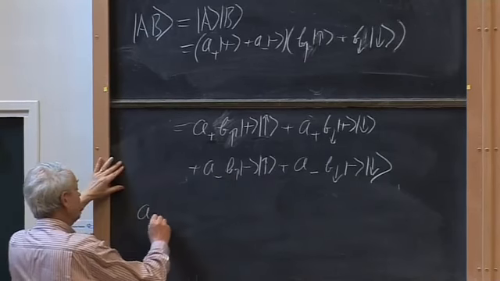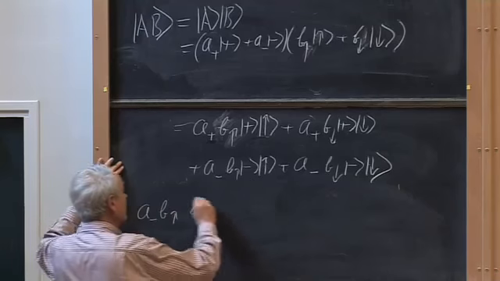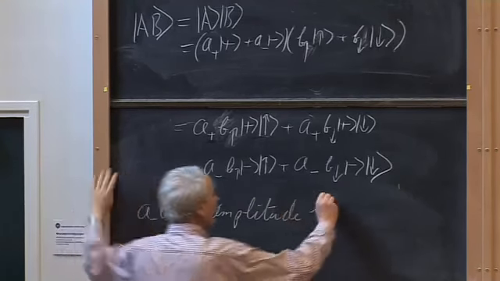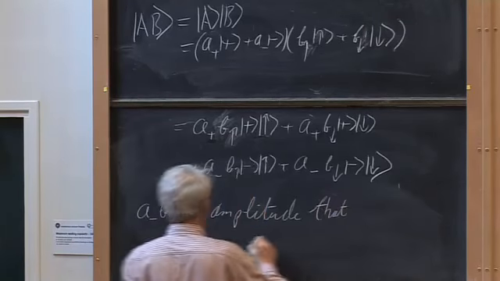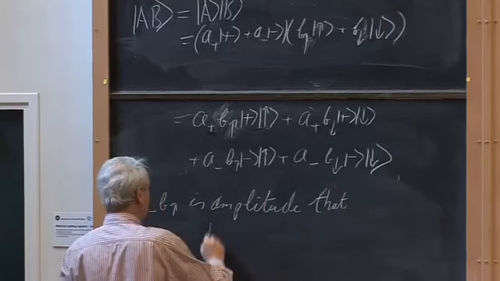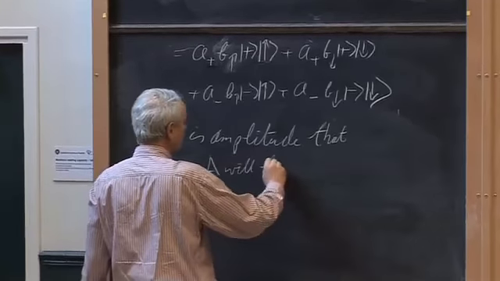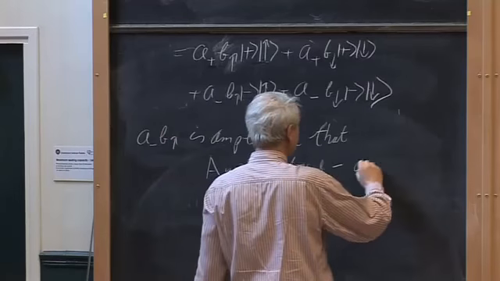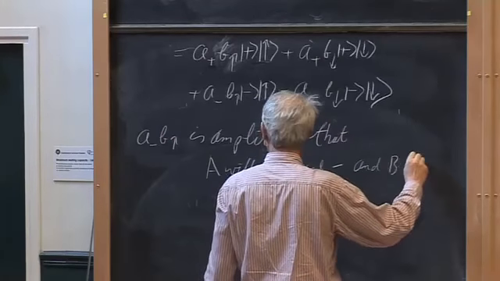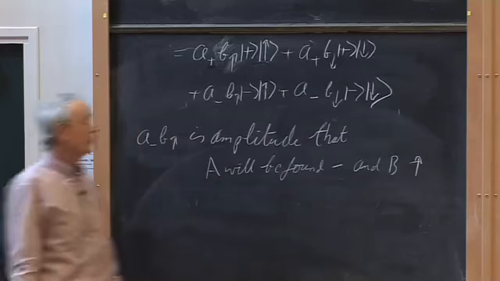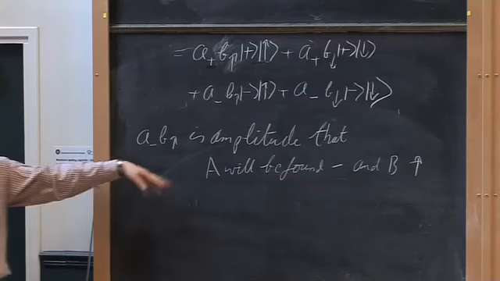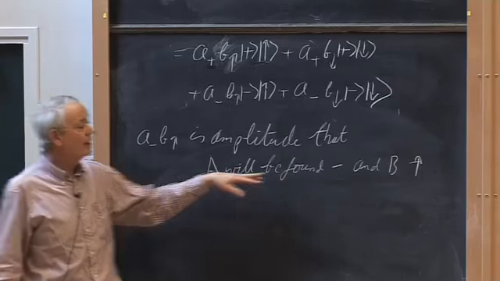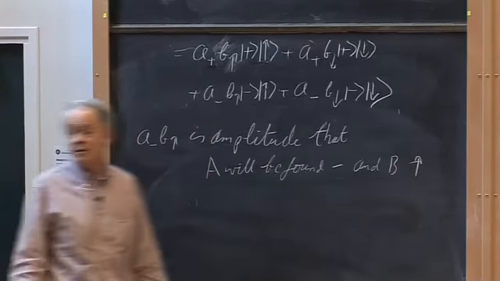So, for example, A minus B plus is the amplitude that A will be found minus and B, what did I say, up. So take the mod square of this, you get the probability of the experiment to measure A's property and B's property will be these particular values.